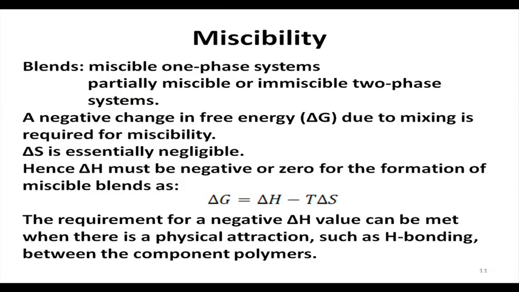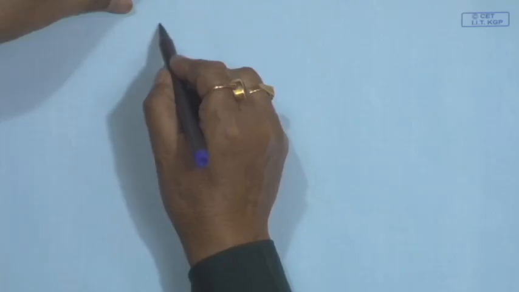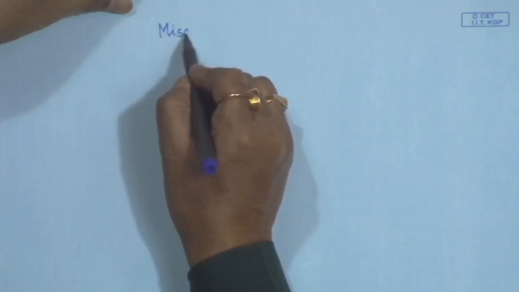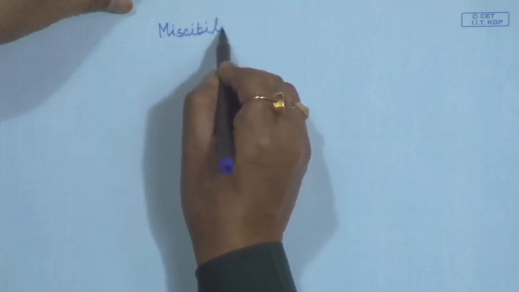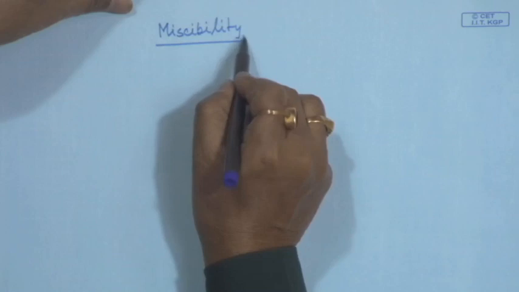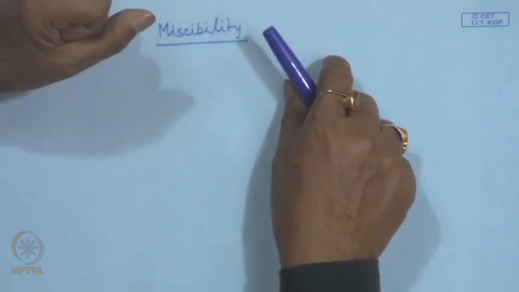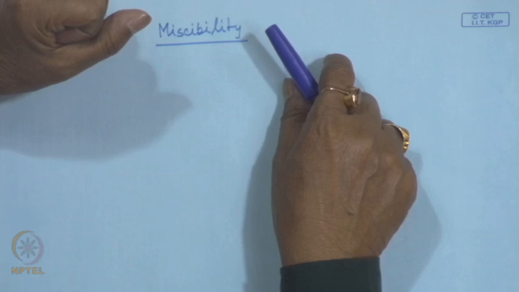In the last lecture, I discussed the classification of definitions as well as the classification of polymer blends with some examples. Now, let us discuss a little the miscibility aspect of the miscibility criteria of the component polymers to form a successful blend.